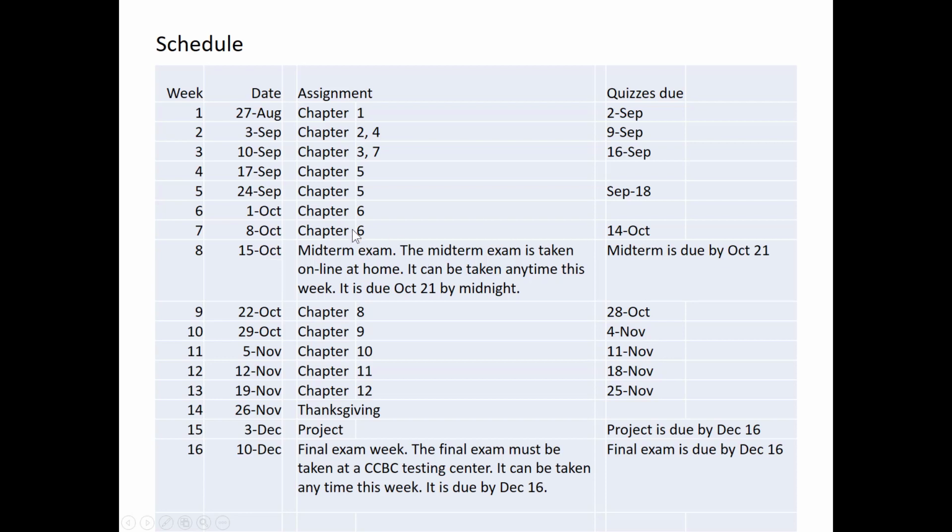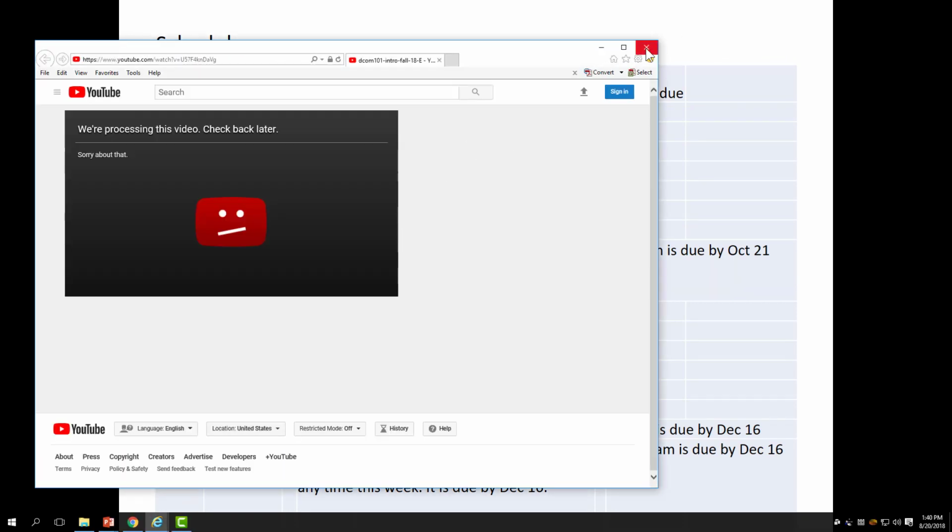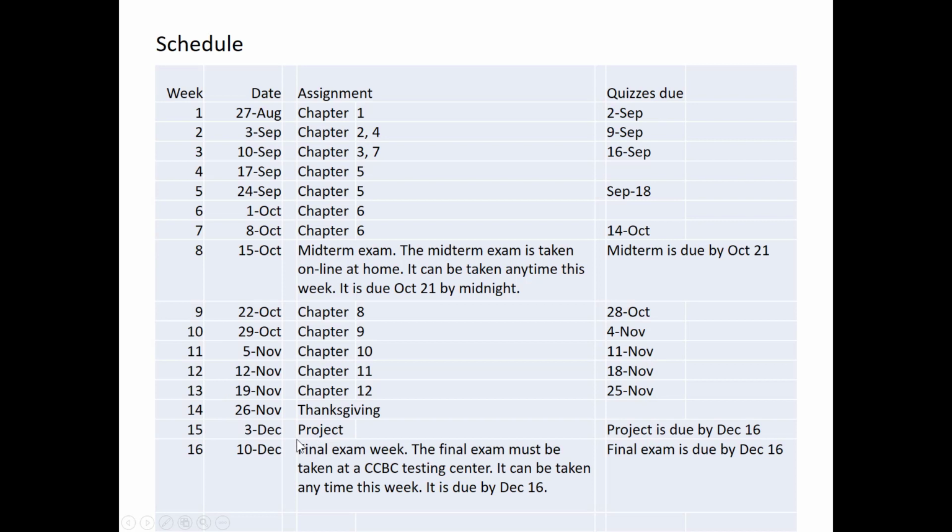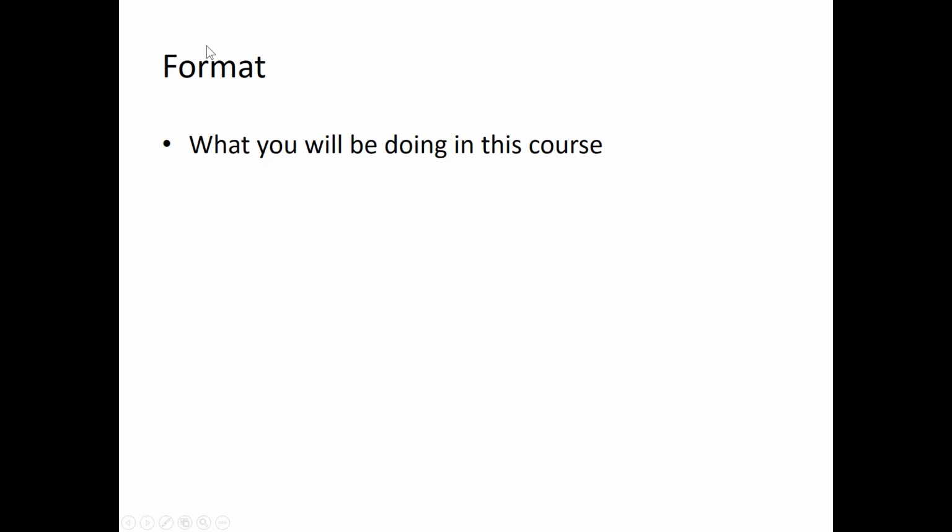And then you got the midterm exam, and then after that, we have one chapter per week. Thanksgiving week, we have off. The last week of class, you can work on the project, and then exam week is going to be the week of December 10th. That is our schedule.